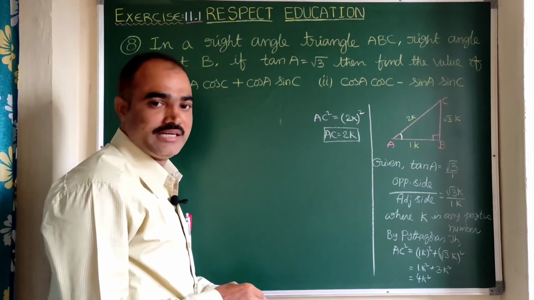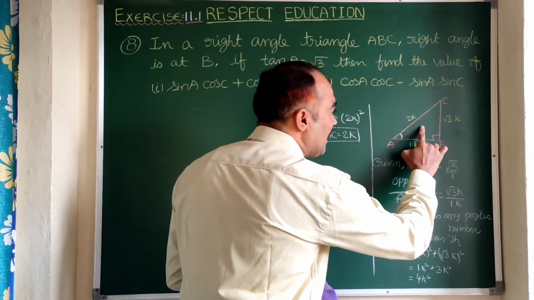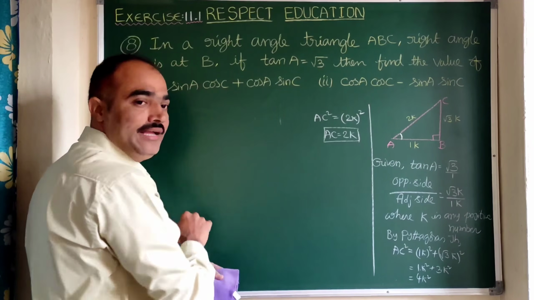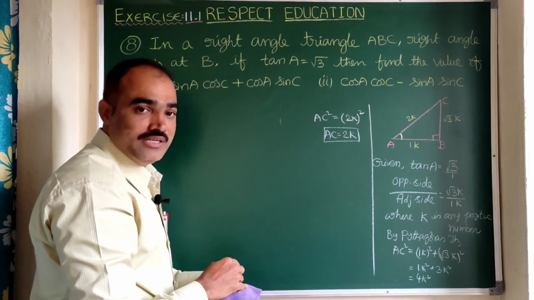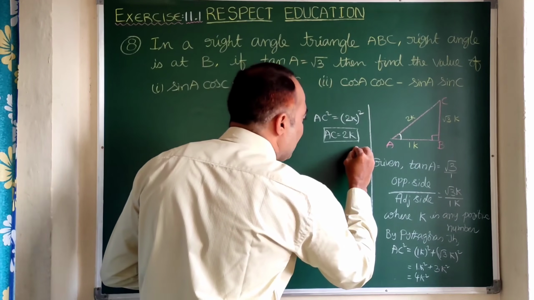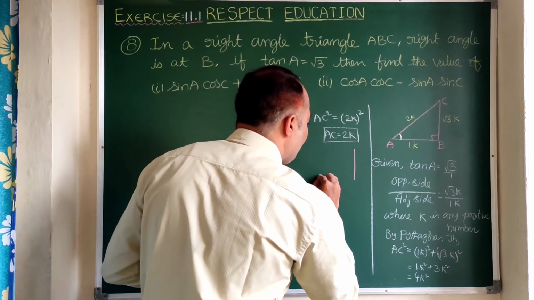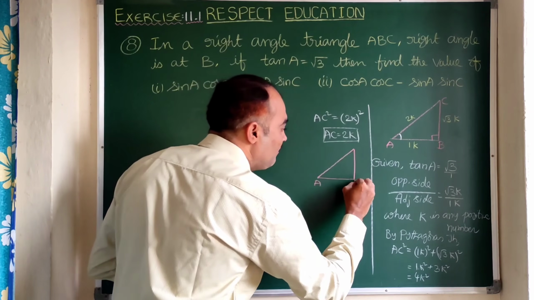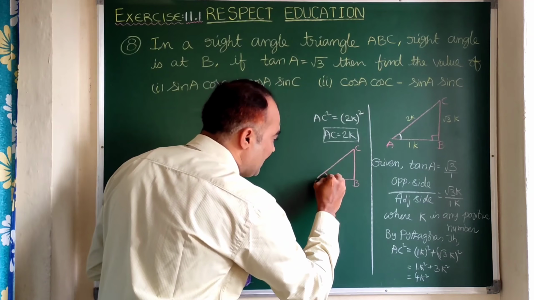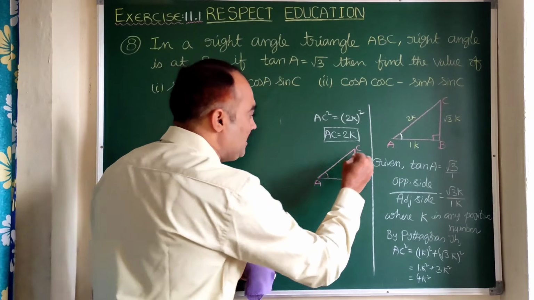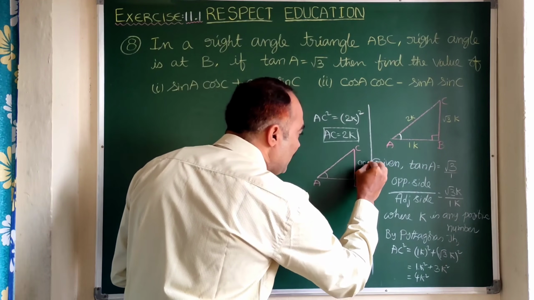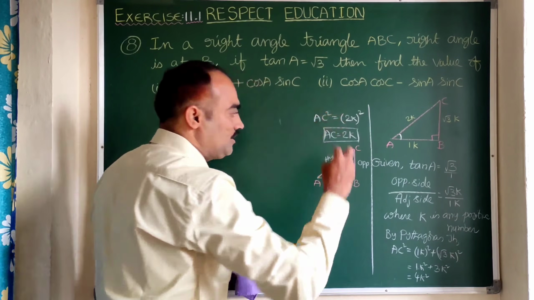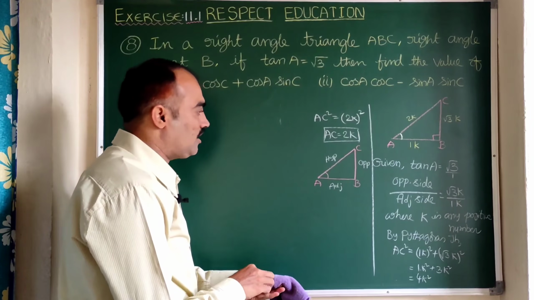That means we have to draw the triangle two times, one with respect to A and another with respect to C. First I am drawing the triangle with A. When we take angle at A, BC will be the opposite side, AB will be the adjacent side, and AC will be the hypotenuse.